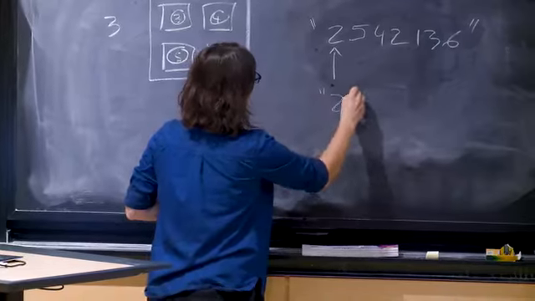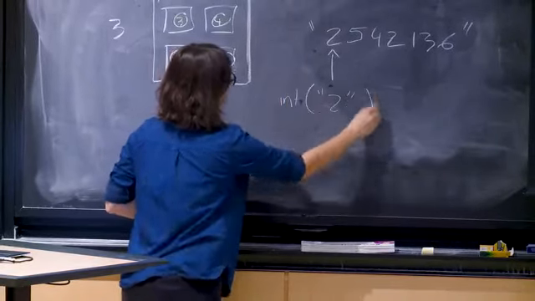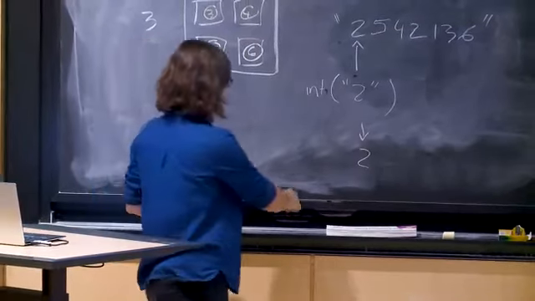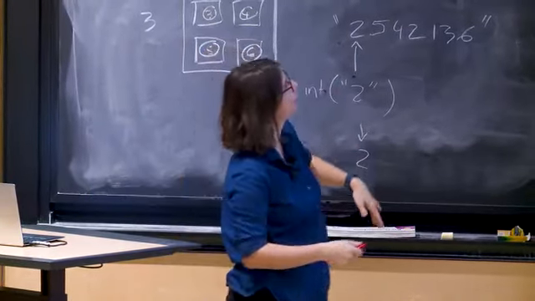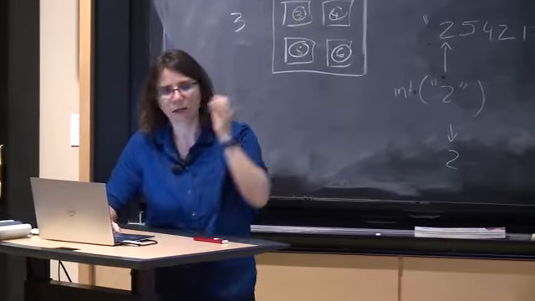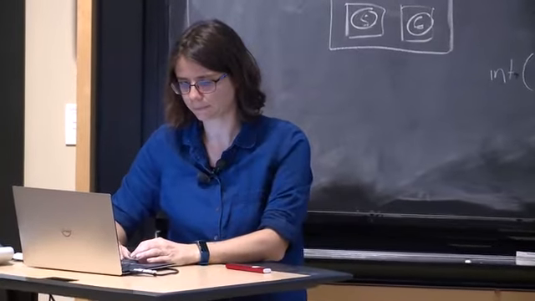This becomes the string 2. And then we cast that to an integer, right, to give us 2. So that line of code does all of those steps in order. So at the end of this loop, I've got this first digits list that contains all of the first digits of every single one of those country populations.